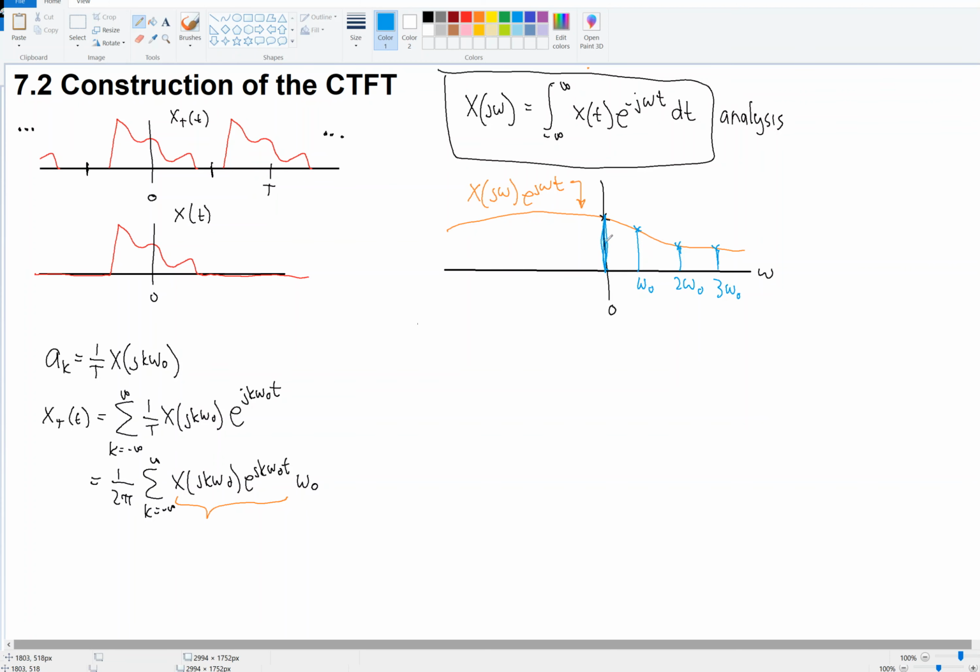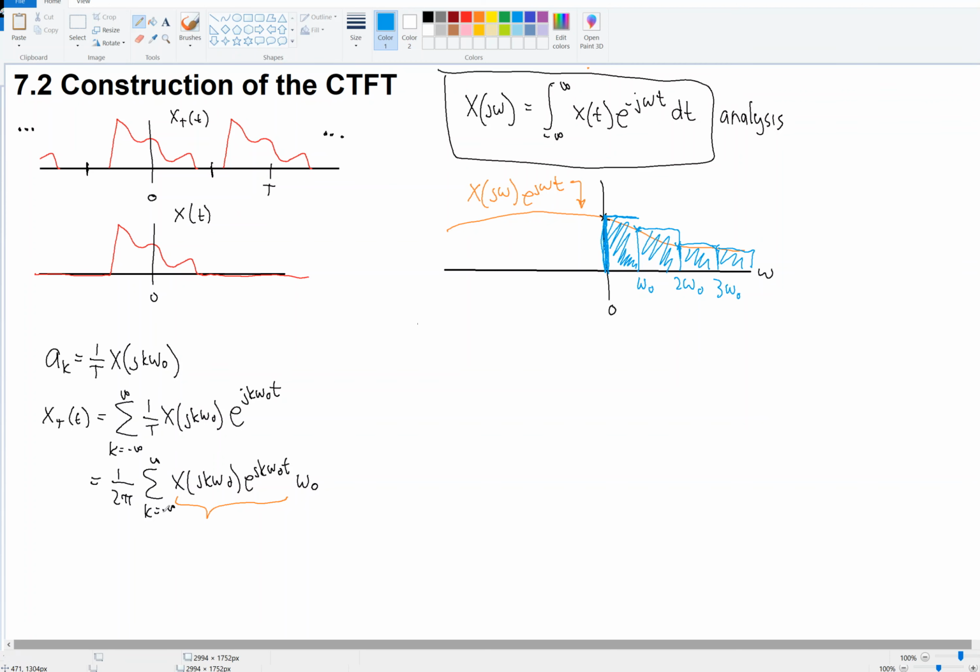So if we take the height of this thing, the k equals 0th harmonic, and we multiply it by omega 0, omega 0 is the width. So you can look at that as getting the area of that thing. And then when k equals 1, that's this height, multiplied by the width, that's the area of this thing. And then the area of this thing. And the area of this thing.